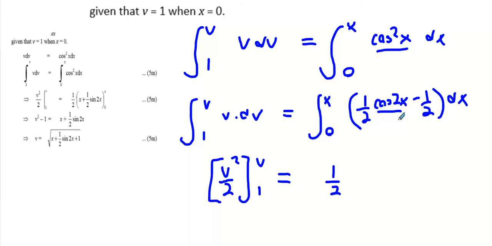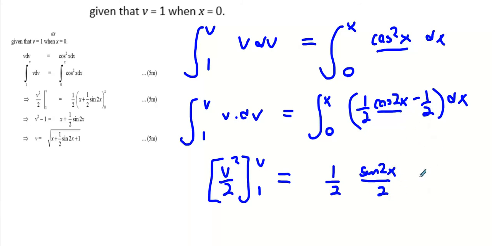Now when you integrate cos 2x, you're going to get sin 2x, but you also have to take into consideration the extra 2, so there's going to be a 2 at the bottom as well. When you integrate cos 2x, it's sin 2x over 2.